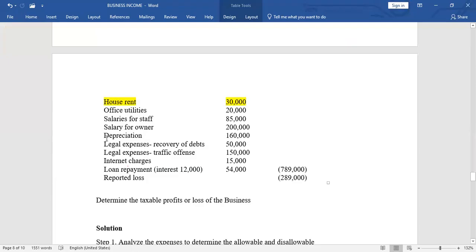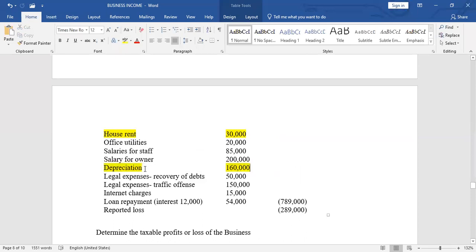That is the explanation. Depreciation someone had given us. Then this legal expense someone had given us.